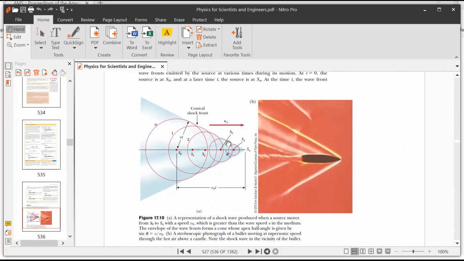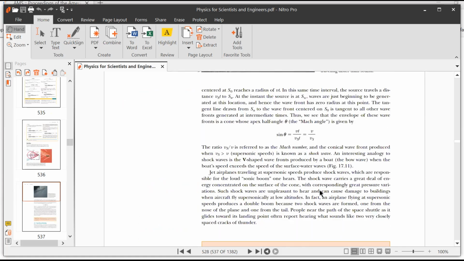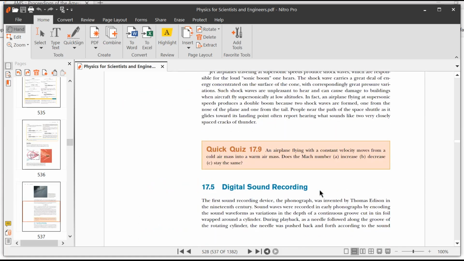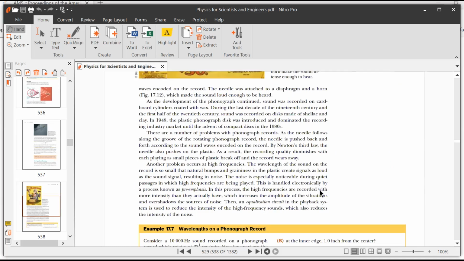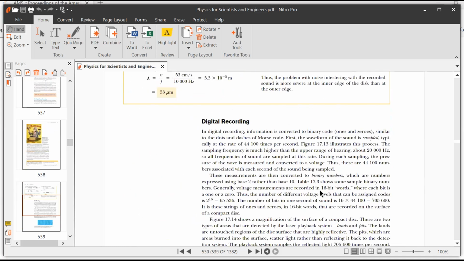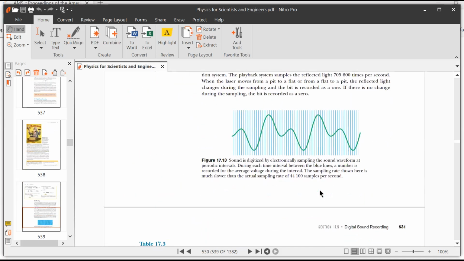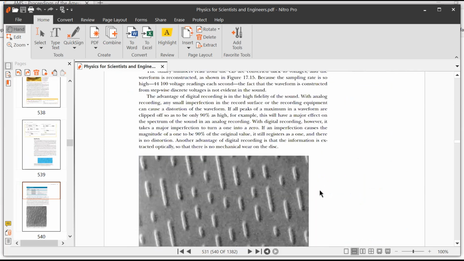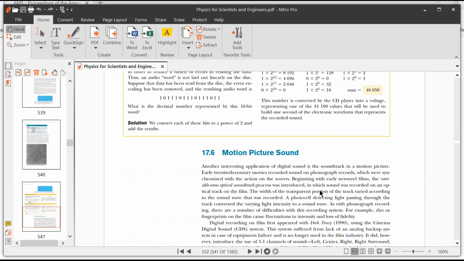This is the shock wave, and this is the Mach cone. This is the conical shock front. It looks like a cone. Any question?